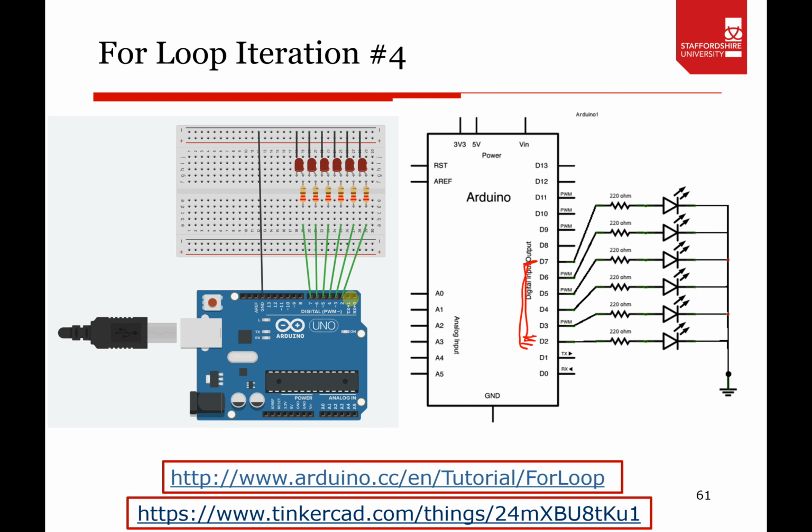For pins 2 to 7, we connect each one to a row of the breadboard and connect that to the LED, and the other leg of the LED is connected to the ground rail, which is connected to the Arduino ground also.